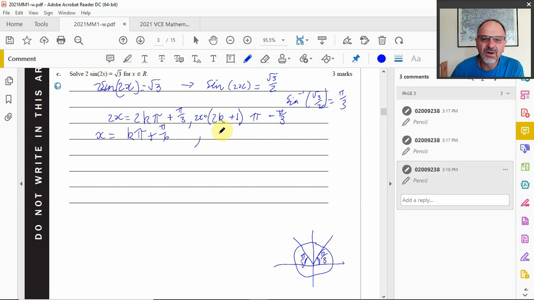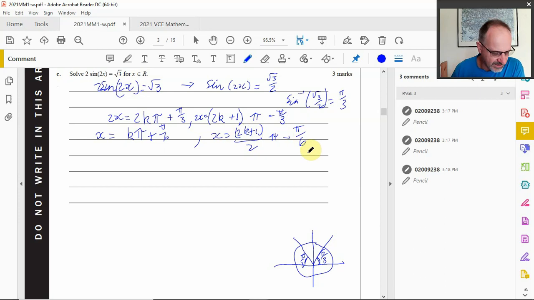And the other option, oops, it's not 2x, but x, dividing everything by 2, x would be (2k plus 1) all over 2, times pi, minus pi on 6.